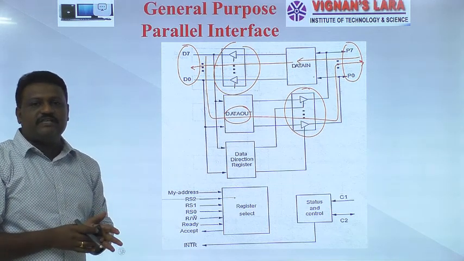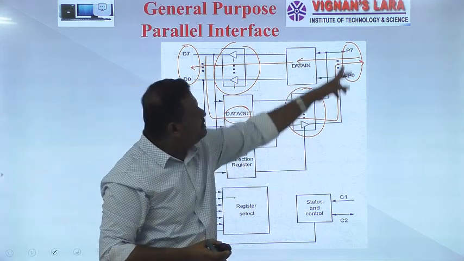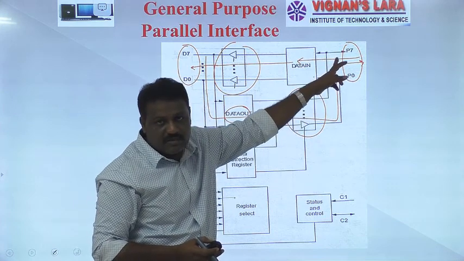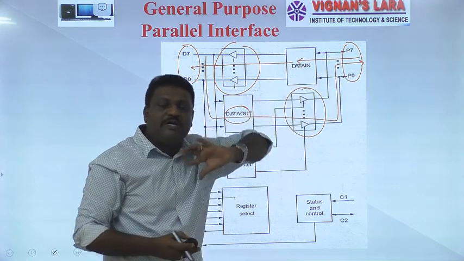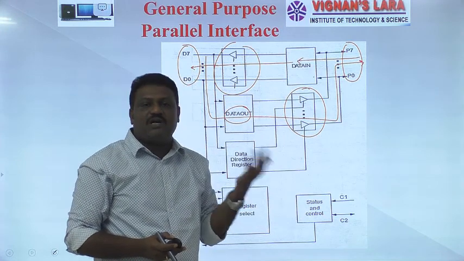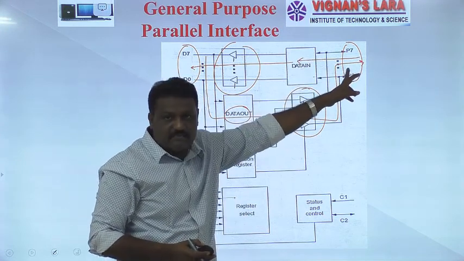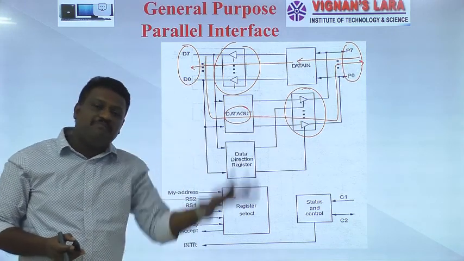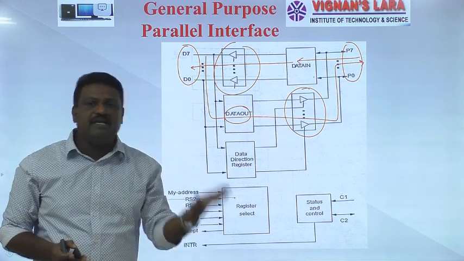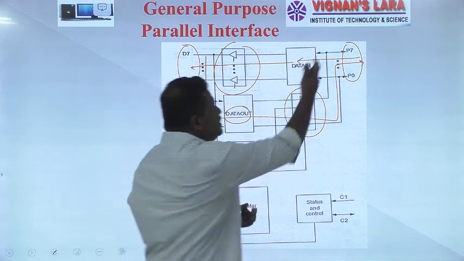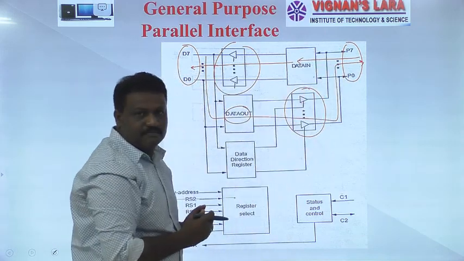So here the important thing is, we have to program these lines, based on whether we are going to communicate with an input device or an output device. According to that, I program these lines. For example, if I want to receive something from an external device, which is my input device, on that occasion these lines must be inward.